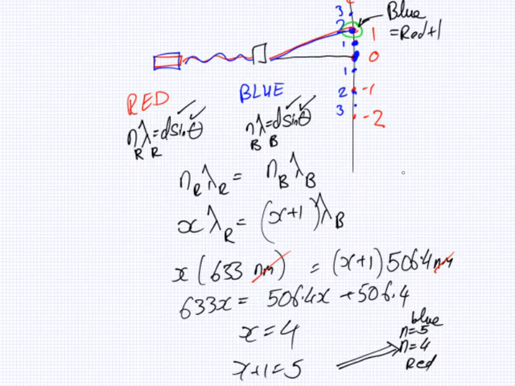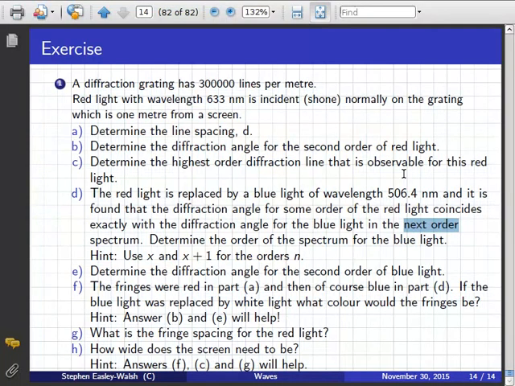Continue. Okay, so I think everybody can do the next part for me. In part E, I want the angle for the second order blue light. So it's like the second order red light. I want the angle for the second order blue light.